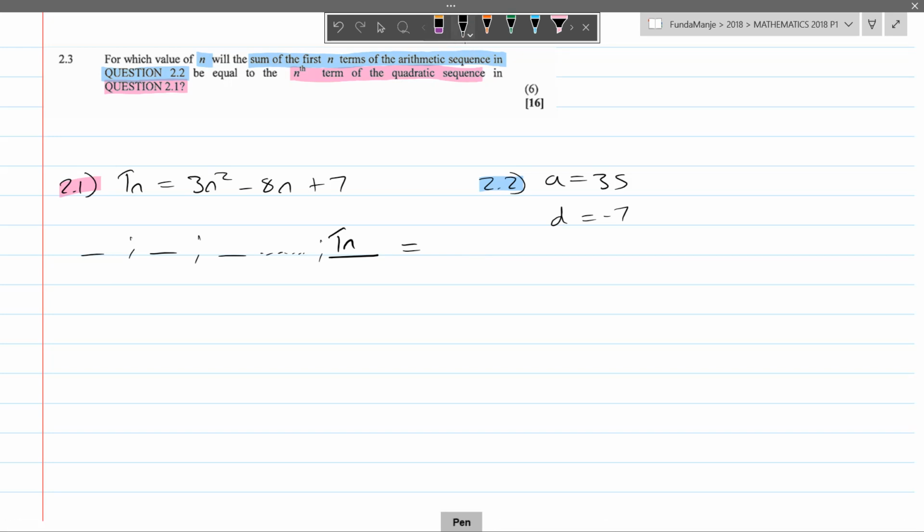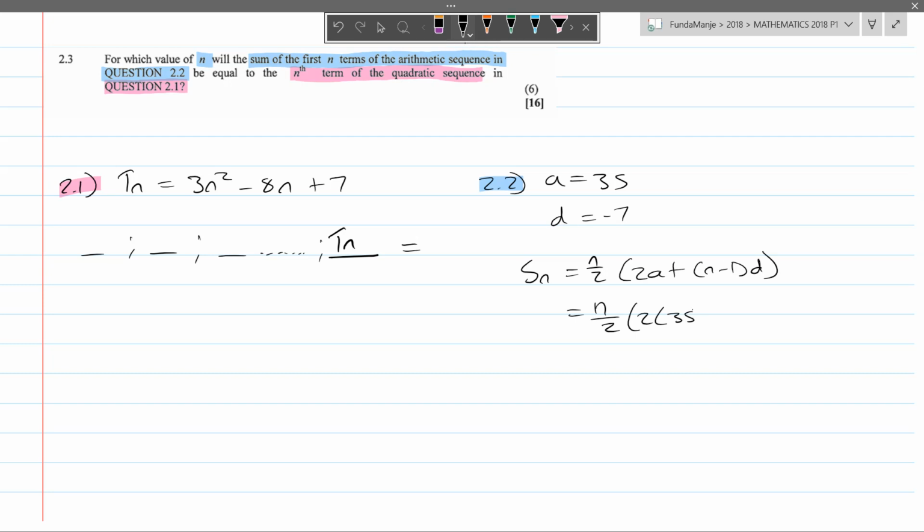We first need an expression for the sum of the numbers in 2.2. So using the formula n over 2, 2a plus n minus 1 d, we can make a few substitutions. Seeing as we don't know what n is and we're trying to solve for that, we leave that alone.